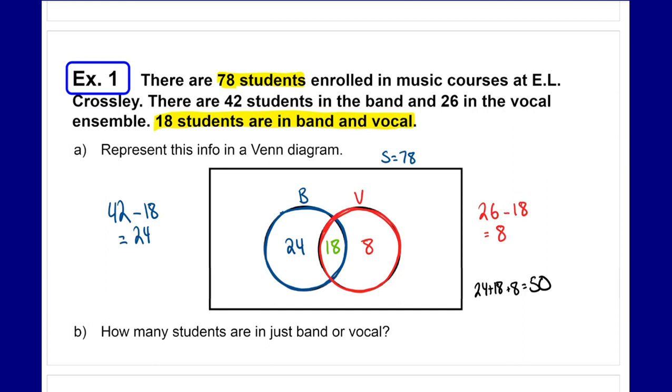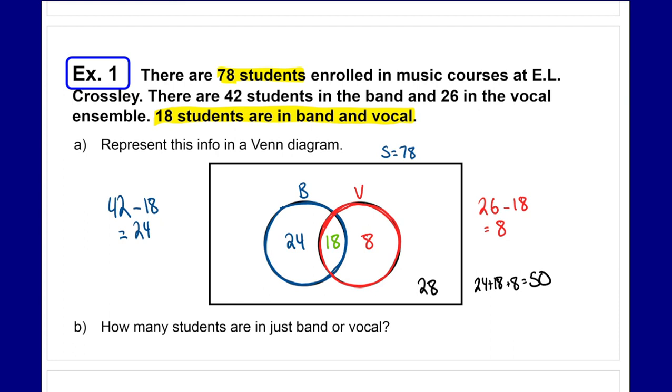So in this scenario, I'm missing a couple people. Where do I represent that missing number? Well, if there's 50 that are in band, vocal, or both, and there's 78 in total in the music courses, then there are 28 students that have not signed up for either band or vocal. So they're existing outside of those two scenarios.